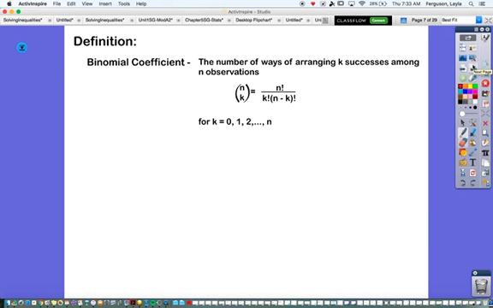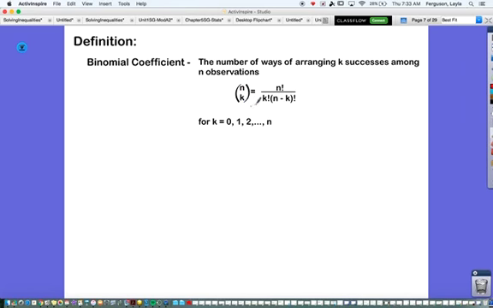So we're going to talk about a binomial coefficient next, and that's the number of ways of arranging k successes among n observations. We have this n over k in parentheses, and we show that it's equal to n factorial over k factorial times n minus k factorial. Remember that the factorial means that we multiply all the way down, and it looks like an exclamation mark.